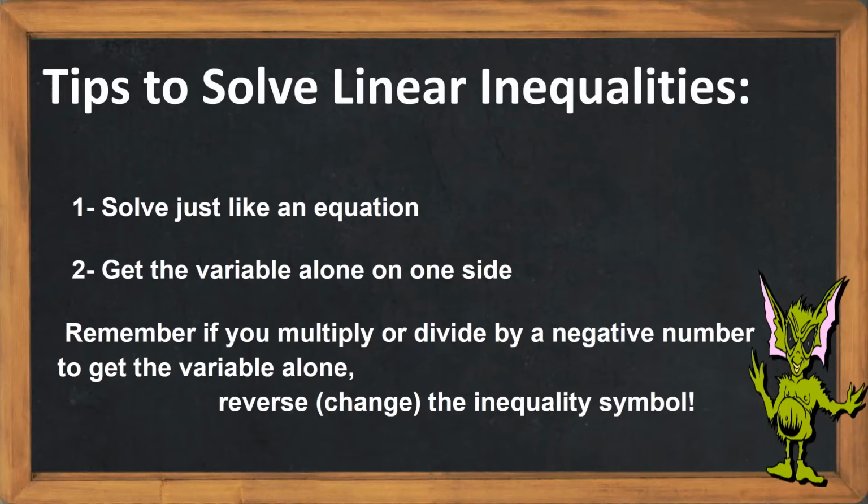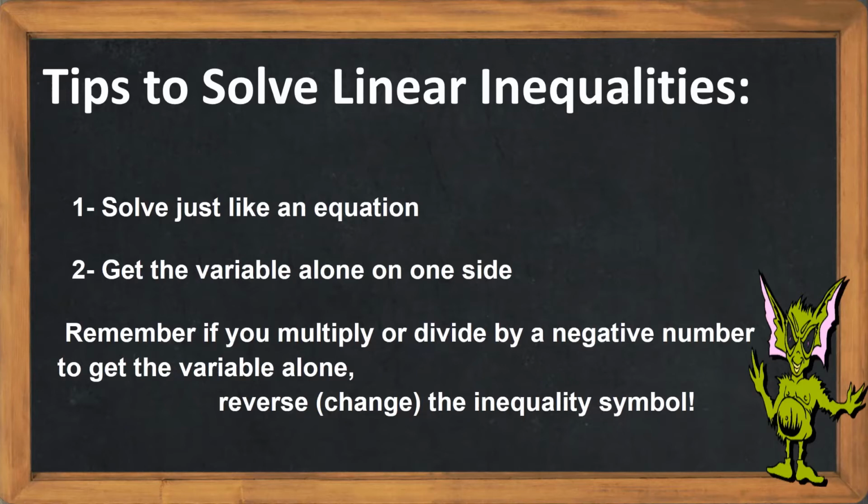So the steps to solve this inequality is to just solve as if you are solving an equation, where you put the variables on one side and the constants or the numbers on the other side. But you have to remember, if you multiply or divide by a negative number, then the sign will change, so you have to reverse the inequality symbol. If it's greater than or equal, it becomes less than.